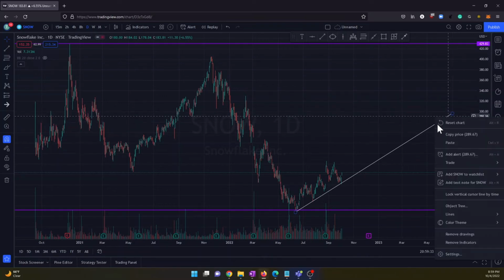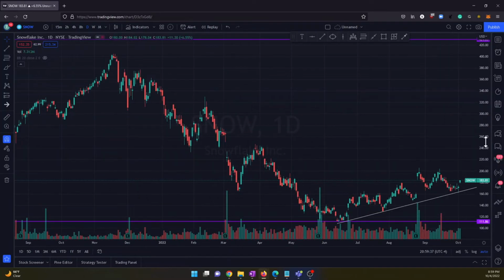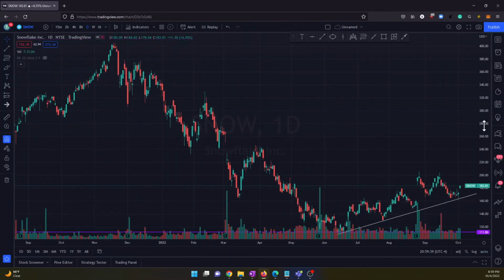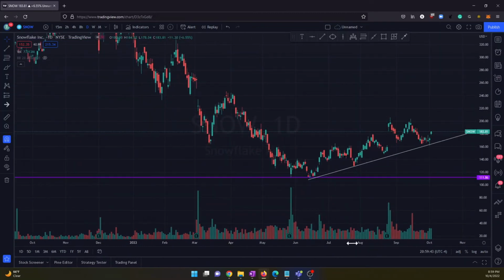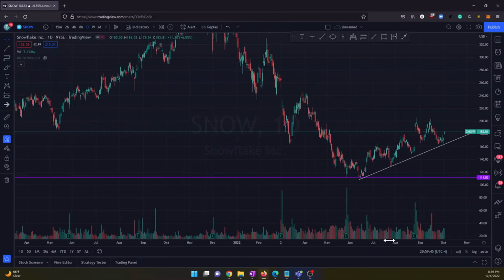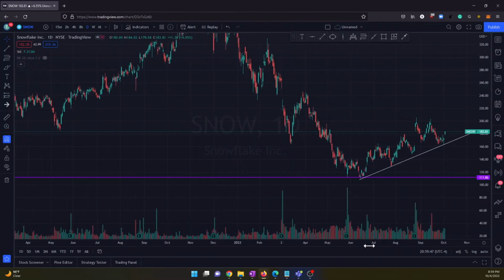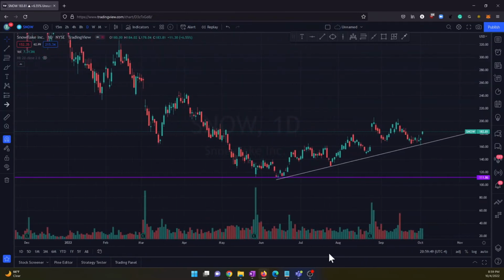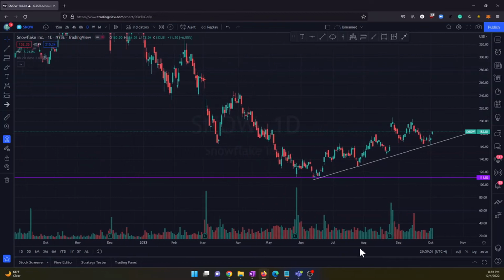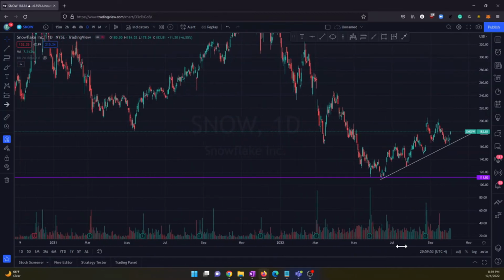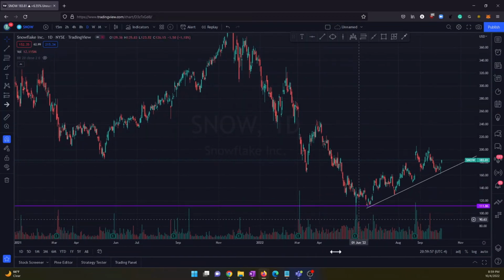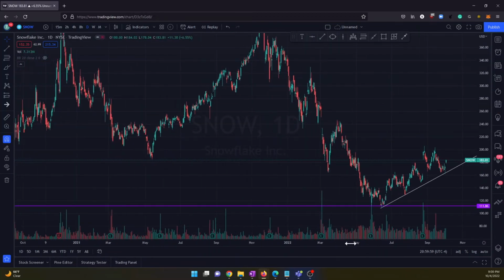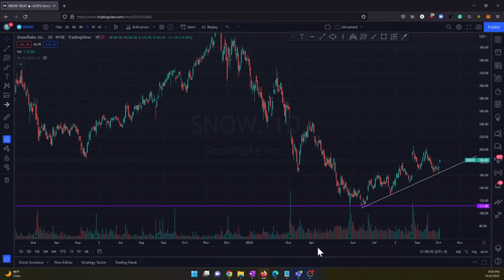Okay, so the chart kind of went out to make it a little bit more defined. I had it squished in so I could get more bars on here, so I could look for larger trends.